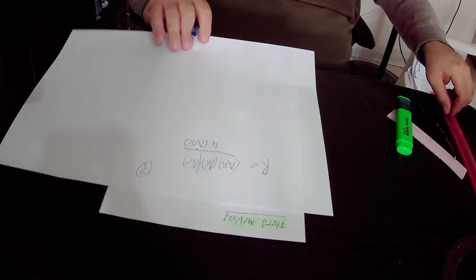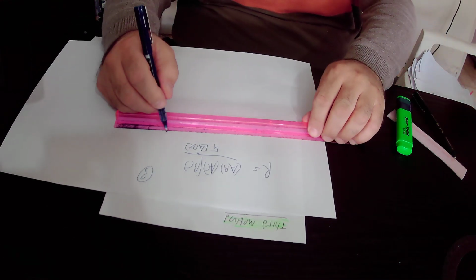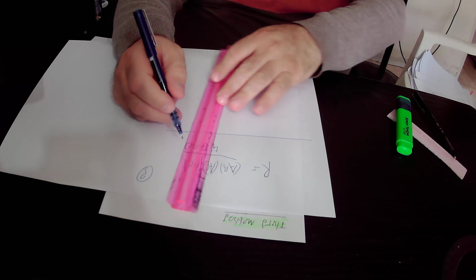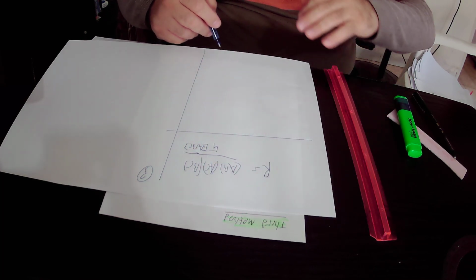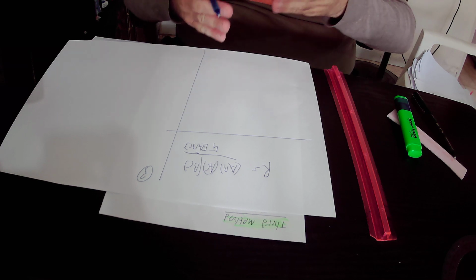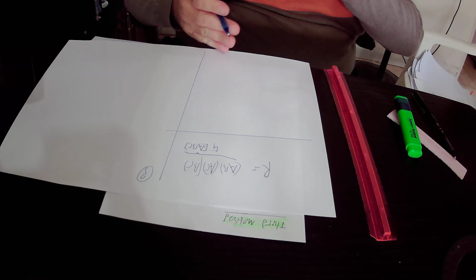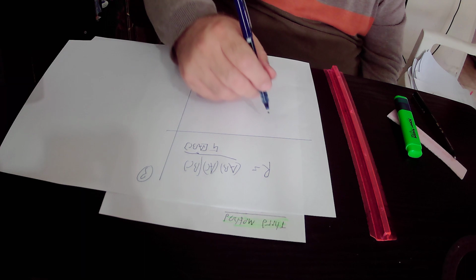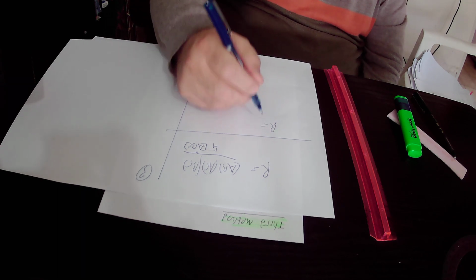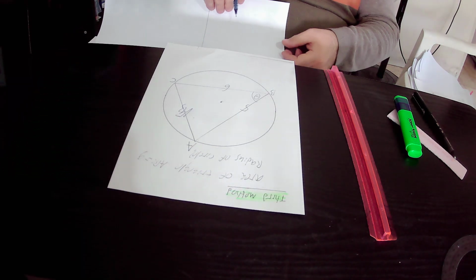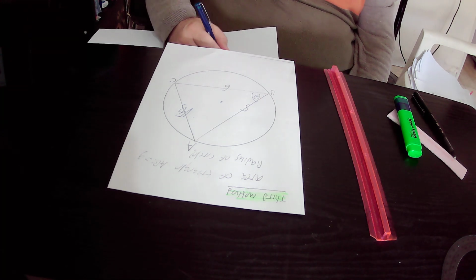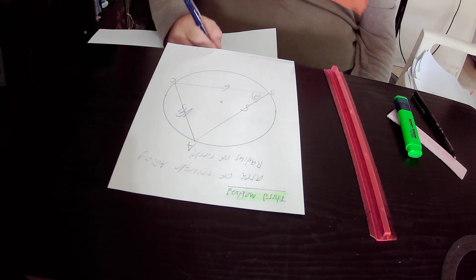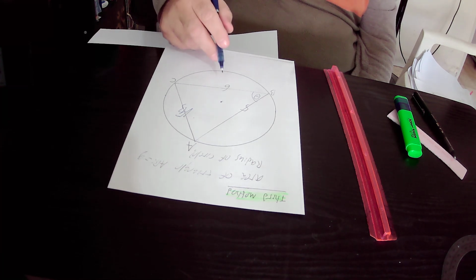So the radius of the circle that circumscribes triangle ABC equals the product of the sides of the triangle over 4 times the area of the same triangle. So R equals AB, that is 5, times AC, that is the square root of 13, times BC, that is 6, over 4 times the area of triangle ABC.